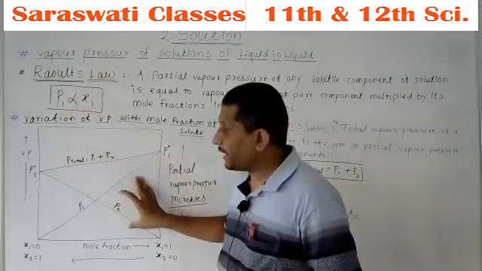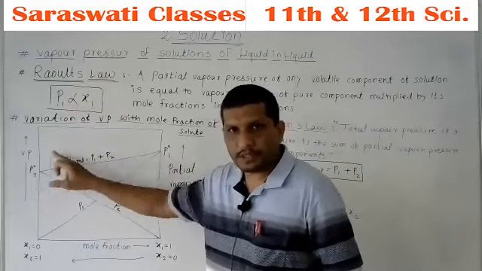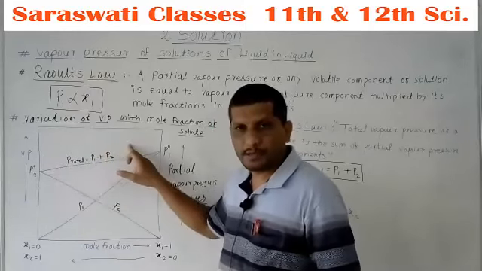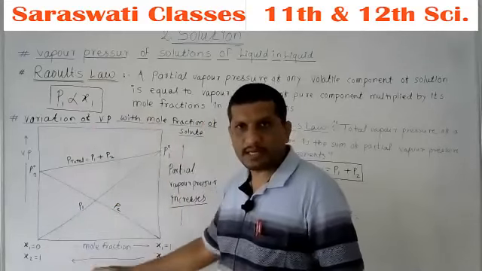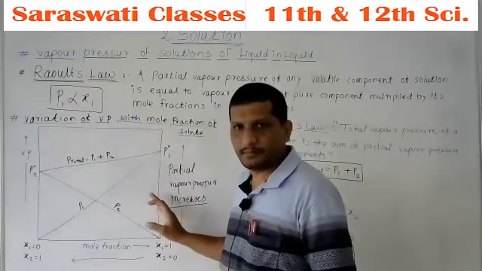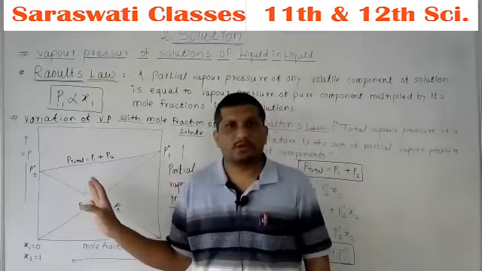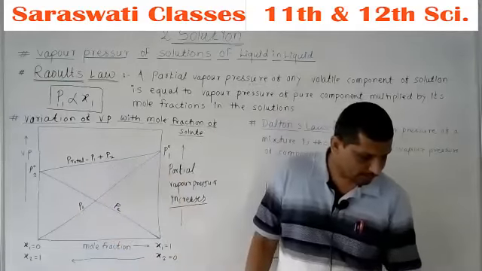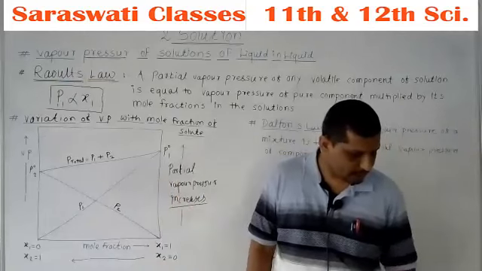P total is P1 plus P2, represented graphically. This is Raoult's law.